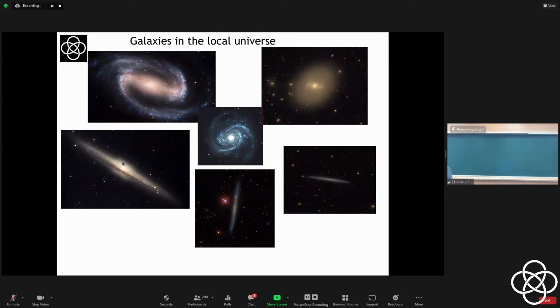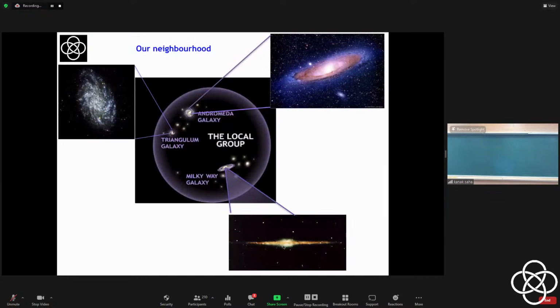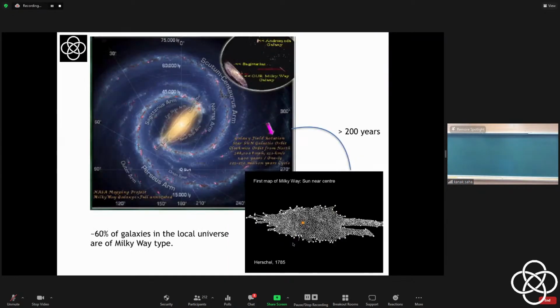If you look carefully at the Milky Way, this is the image taken by the COBE satellite, a reconstructed image in the infrared. This is also not a direct image, since we cannot directly image our own galaxy. It is reconstructed from COBE satellite observations in the infrared.